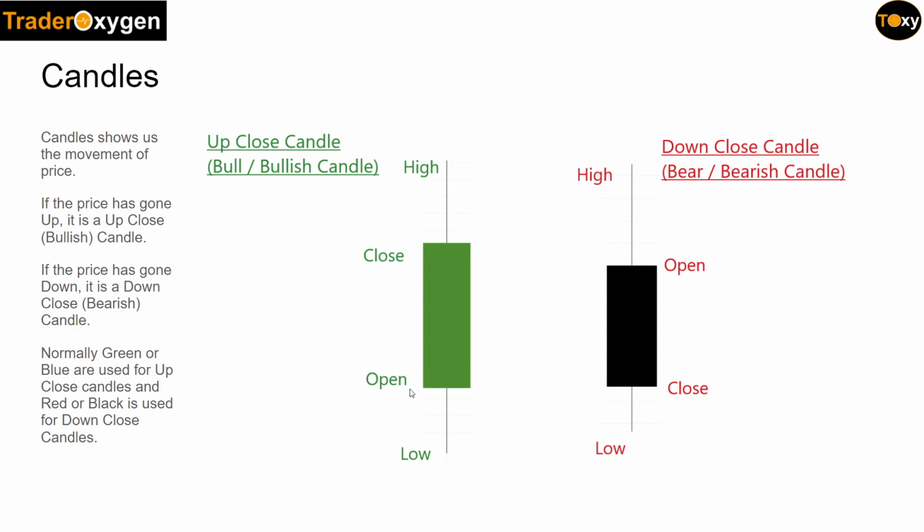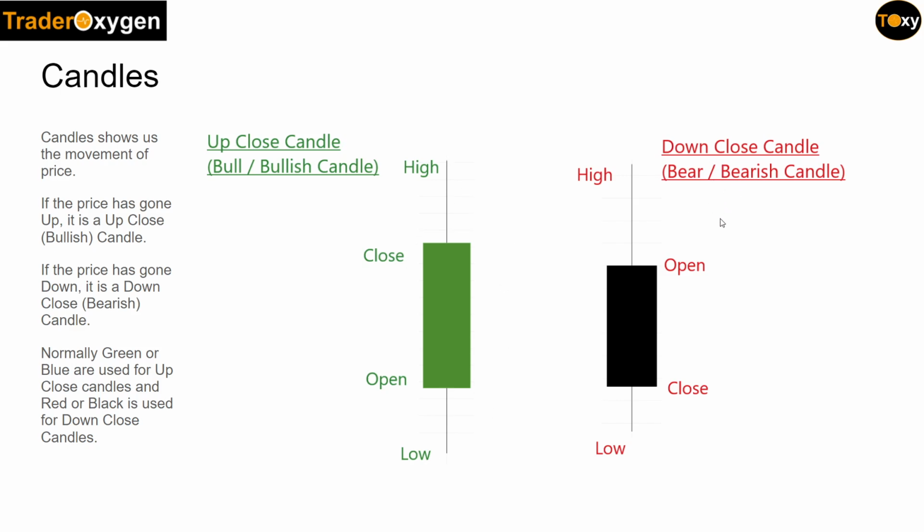Because of that, every candle will have an open and a low, that means the lowest price it went. Maybe it came back and went all the way up to the high, and then it came down and closed here. So every candle will have an open price, a low price, a high price and a close price.